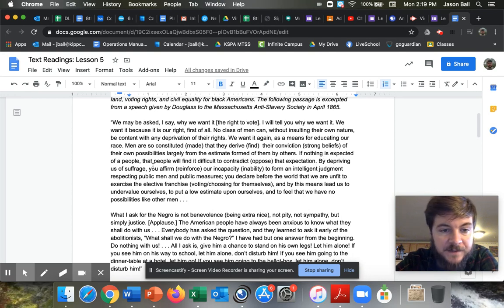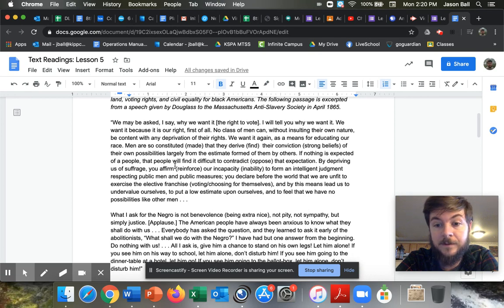"By depriving us of suffrage or the right to vote, you affirm or reinforce our incapacity or inability to form an intelligent judgment respecting public men and public measures. You declare before the world that we are unfit to exercise the elective franchise," which is voting, "and by this means lead us to undervalue ourselves, to put a low estimate upon ourselves, and to feel that we have no possibilities like other men." So looking this over, reading it a little more slowly and looking it over.